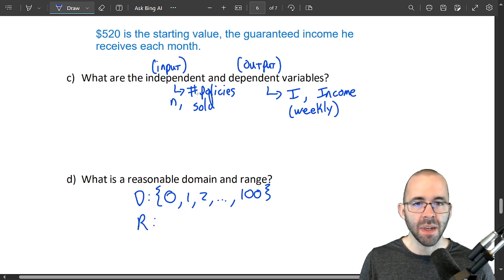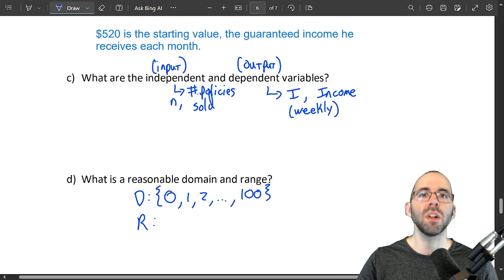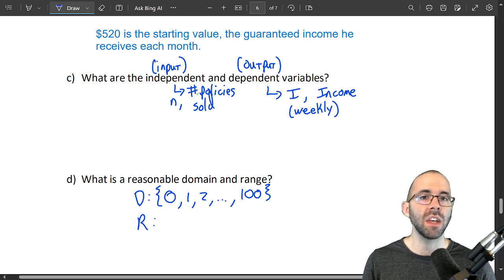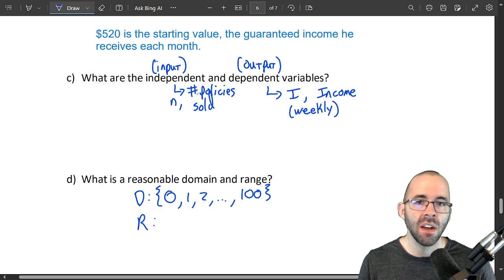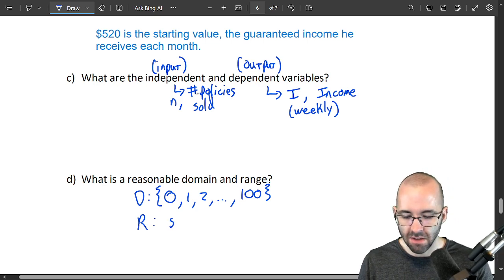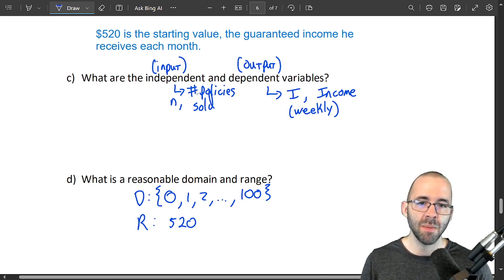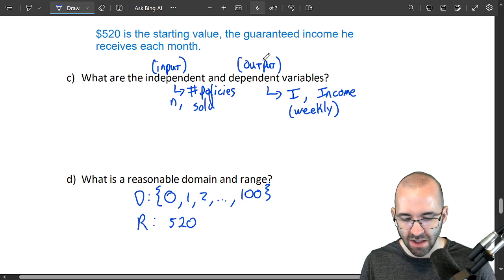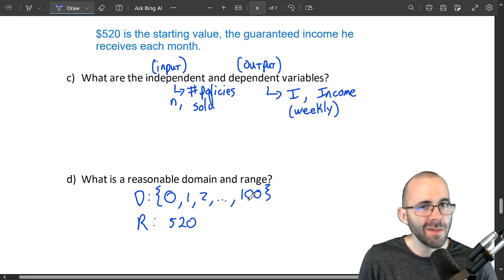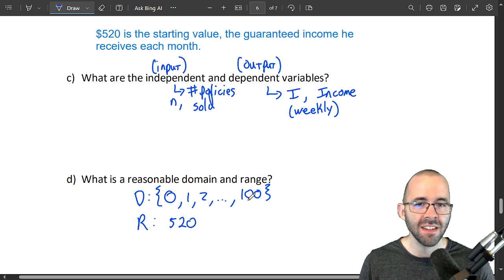What range numbers make sense? Range is the reasonable outputs, reasonable weekly income levels. Well, he's definitely going to make at minimum 520. What's the maximum? Well, if he's making 80 per policy and I'm saying 100 is going to be the maximum number of policies, that's going to be 80 of that.